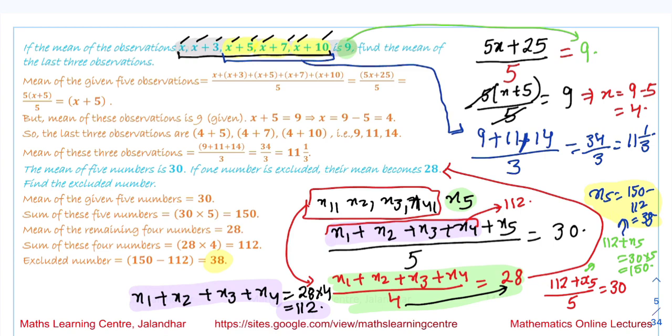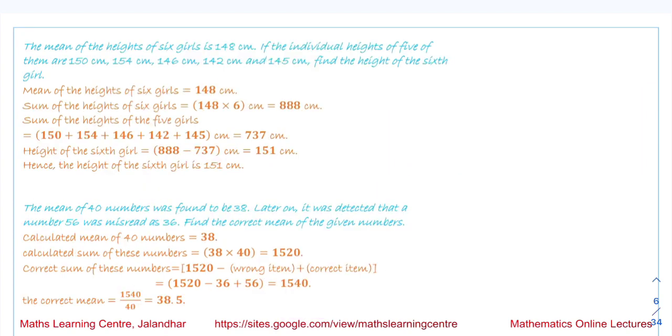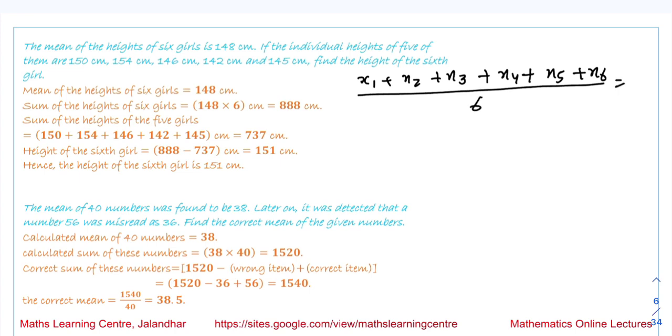Now next we have the mean of the height of 6 girls is 148 centimeter. So we are given (x1 plus x2 plus x3 plus x4 plus x5 plus x6) over 6 is equal to 148.